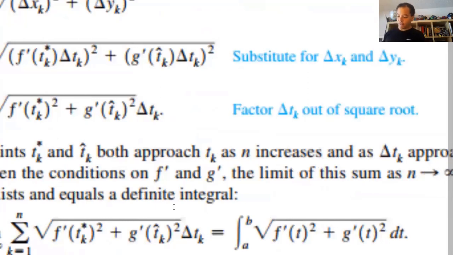The arc length formula from t equals a to t equals b: the length of the curve is the integral from a to b of the square root of f prime squared plus g prime squared. That's all you need to remember, where f and g are the parametric functions for x and y.